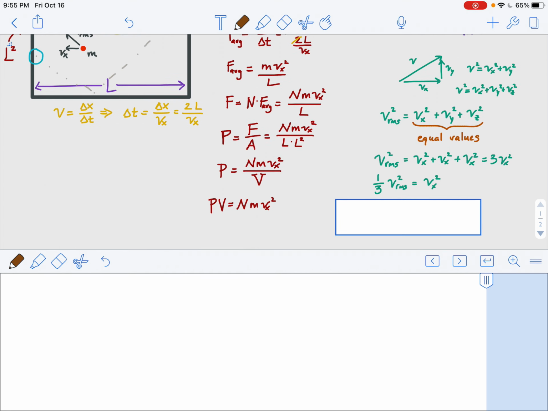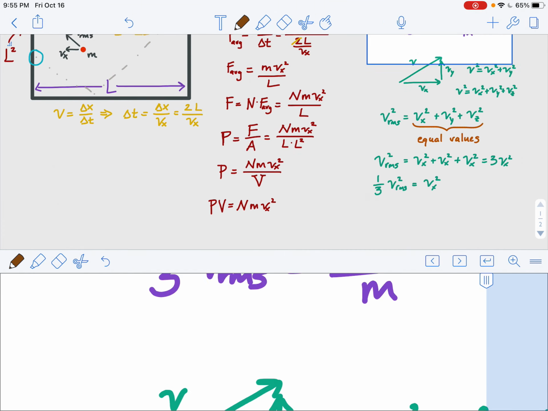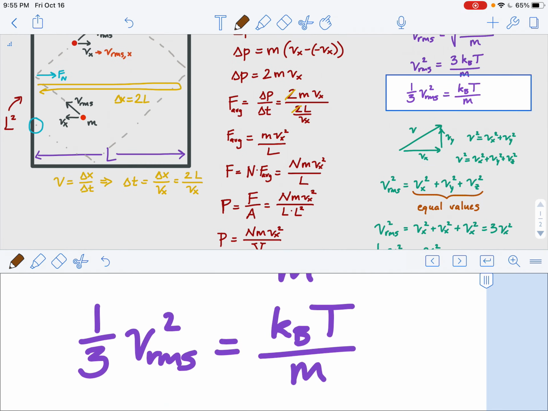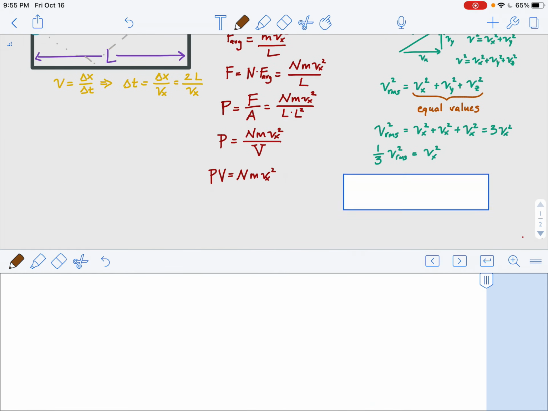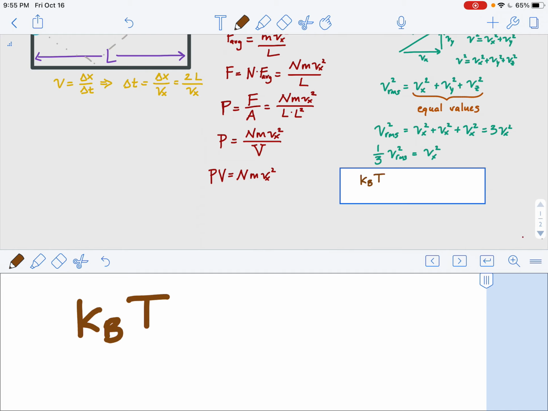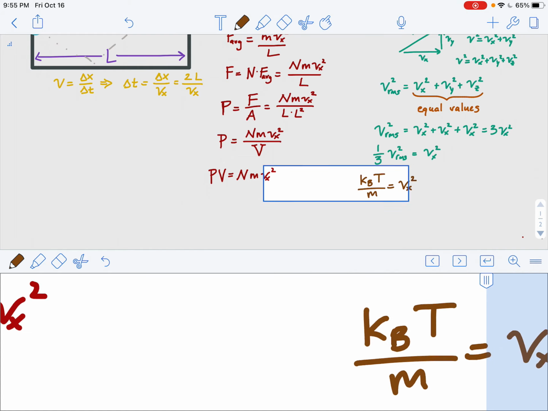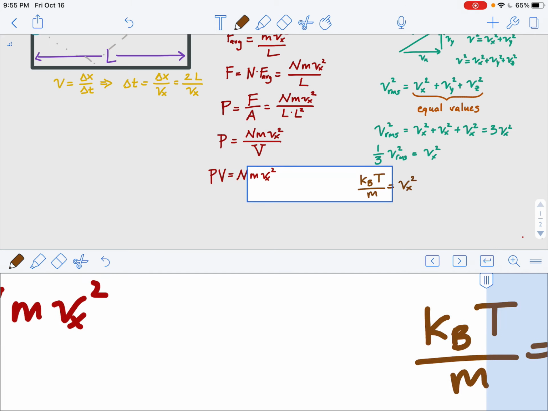So I have this idea that 1/3 the RMS speed squared equals vx squared, but that also equals, when I go back up, my Boltzmann constant temperature mass idea. So Boltzmann constant times temperature over mass has to be equal to the x component of my RMS speed squared. That is going to go in right over here.